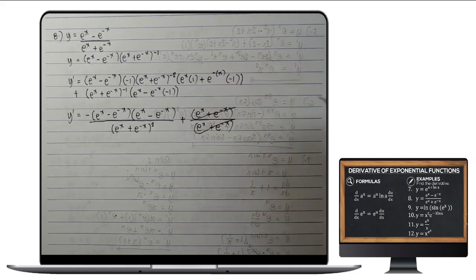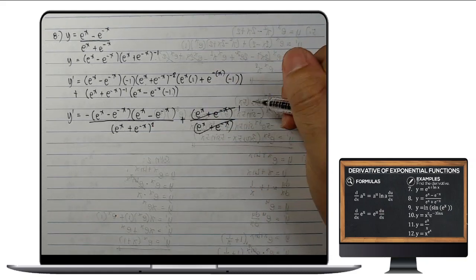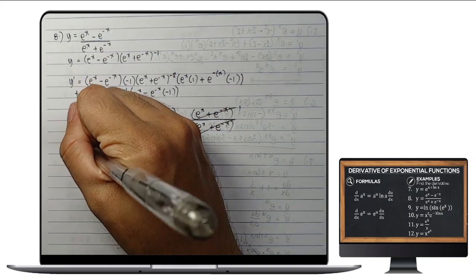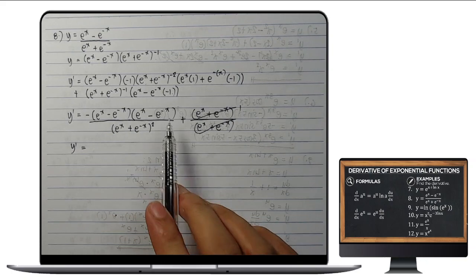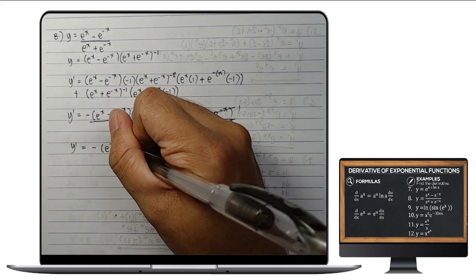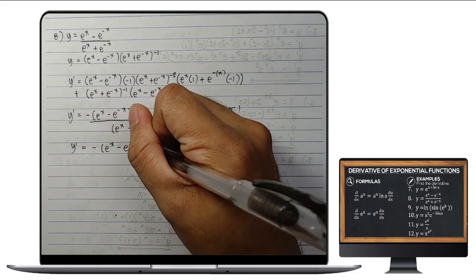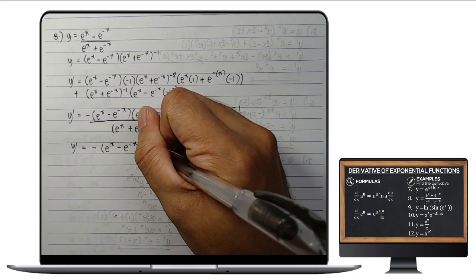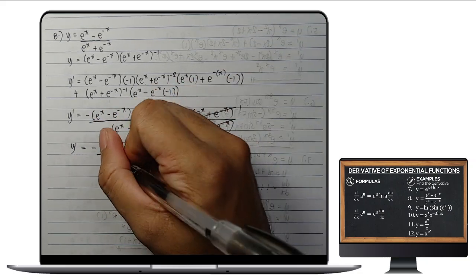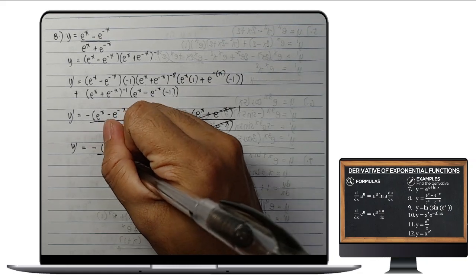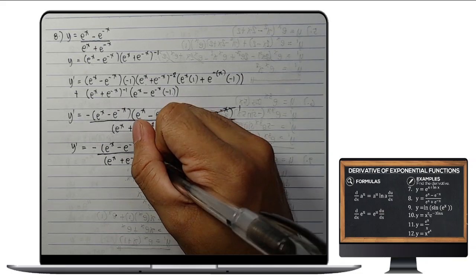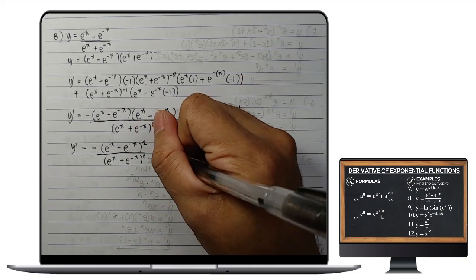We can cancel this one, make it 1. Okay, hindi siya magsi-0. Instead, it will be 1. So our y prime is equal to, so same base, we can add its exponent, so e raised to x minus e raised to negative x, then yung buo being square all over e raised to x plus e raised to negative x being square, then plus 1.